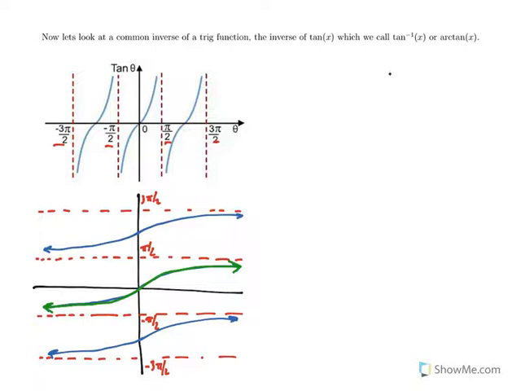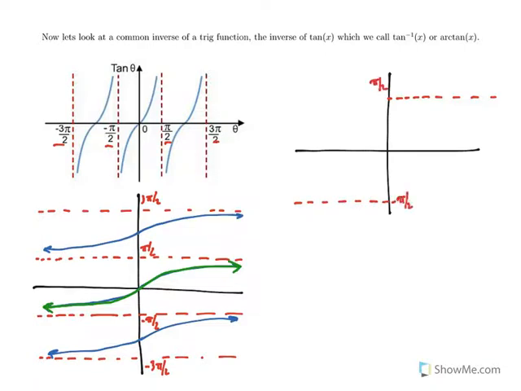And that is our inverse tangent function. So when we're graphing this, we're just graphing one period of it. We have horizontal asymptotes at pi over 2, negative pi over 2, and there we go. There is a picture of arctangent of x, or also known as tan inverse of x.